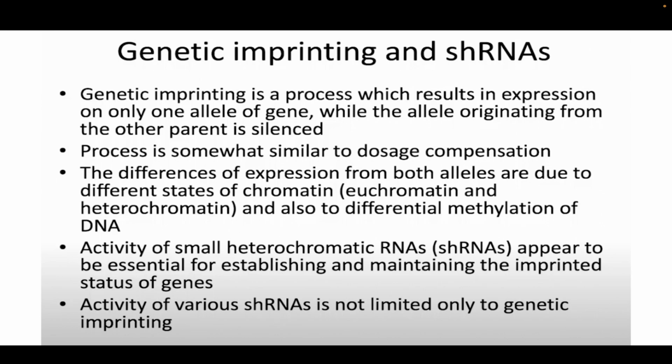Next, the difference in expression from both alleles is due to different states of chromatin, that is euchromatin and heterochromatin. Everyone understands the difference between euchromatin and heterochromatin. Euchromatin is highly expressed, while heterochromatin is condensed chromatin. Also, differential methylation of DNA. What is methylation, acetylation? These are all epigenetic modifications, which we also discussed while talking about dosage compensation.